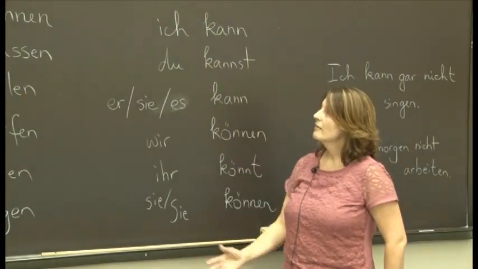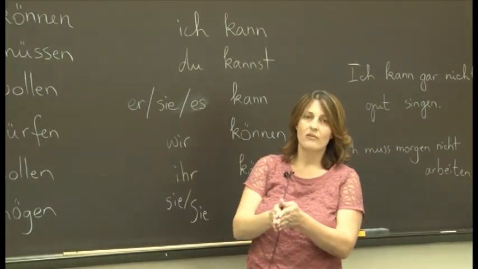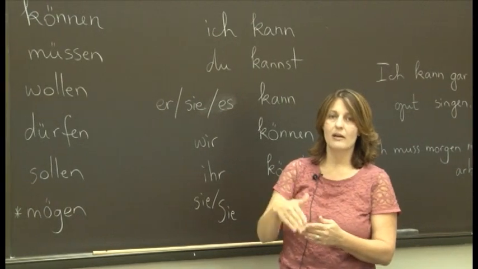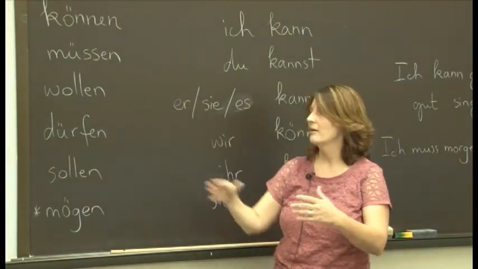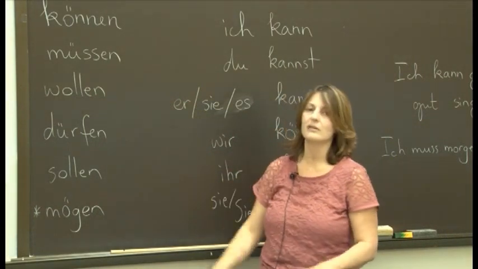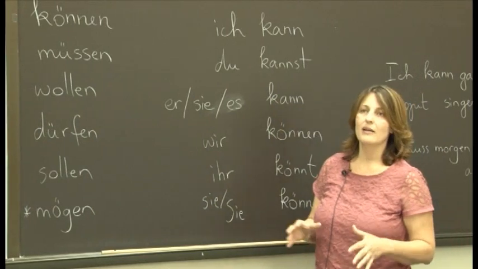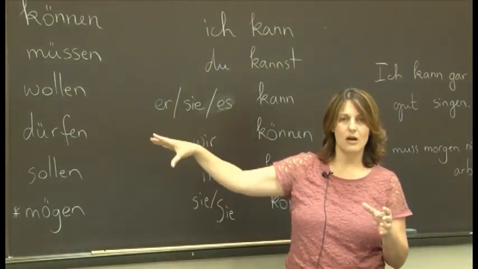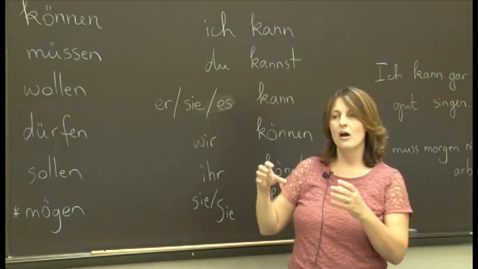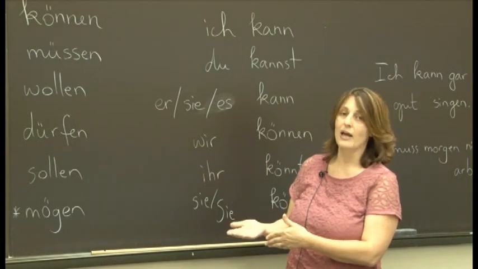Okay? And another thing to keep in mind is that in English, the infinitive follows the modal immediately. I can do this. I want to do this. I have to do this. I am allowed or not allowed to do this. I should do this. In German, and this is true for any time you have two verbs, one conjugated and one not, the not conjugated verb, in this case the infinitive, will go last.